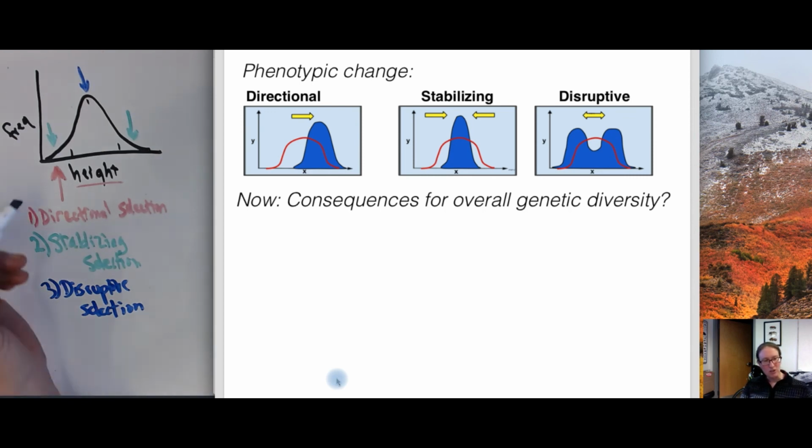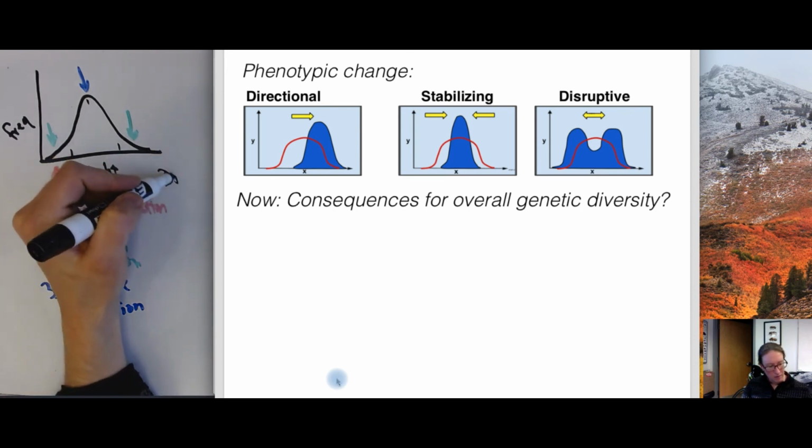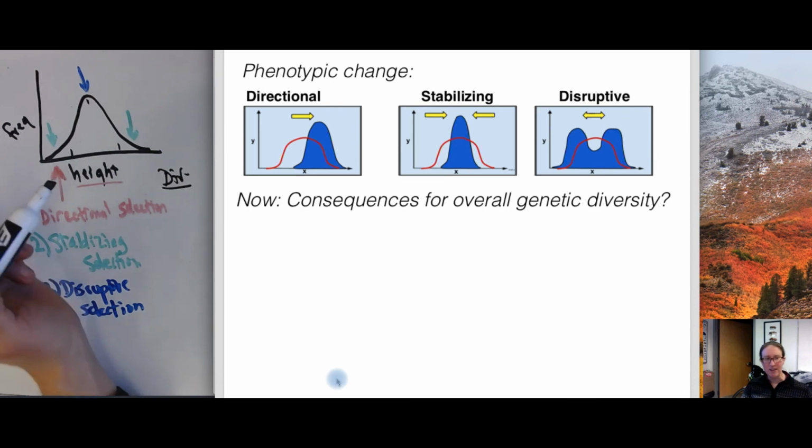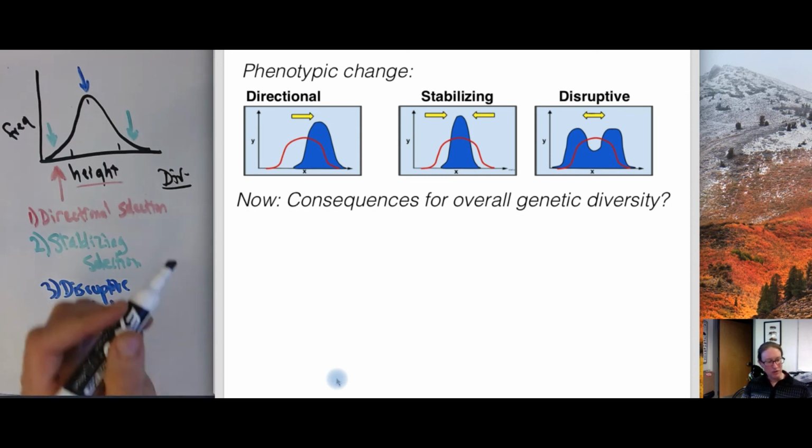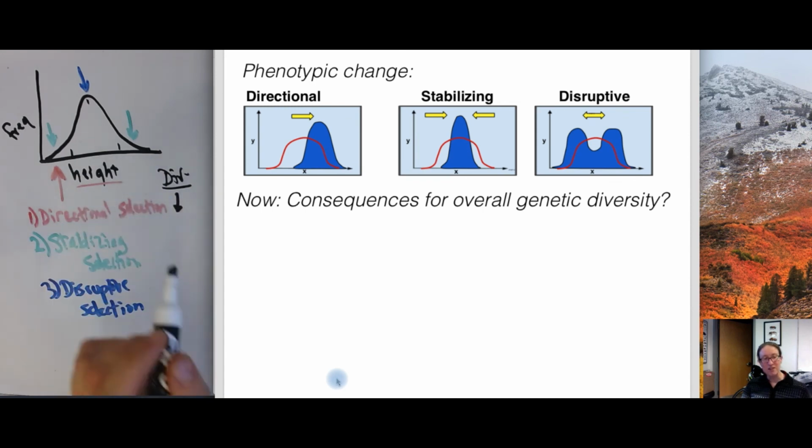With directional selection, the first case, pushing the population towards one extreme, I want you to take a second and think about what that's going to do to genetic diversity in that population. And then I'll tell you. In general, this is going to lead to a decrease in genetic diversity in that population. It's not going to be an extreme decrease, but it will decrease diversity.